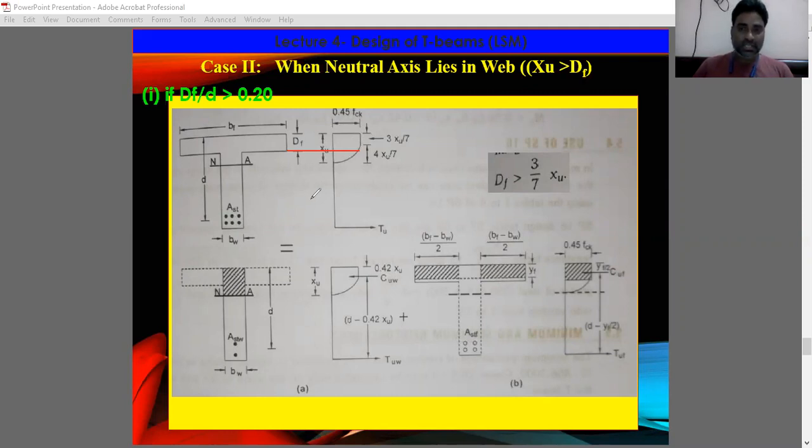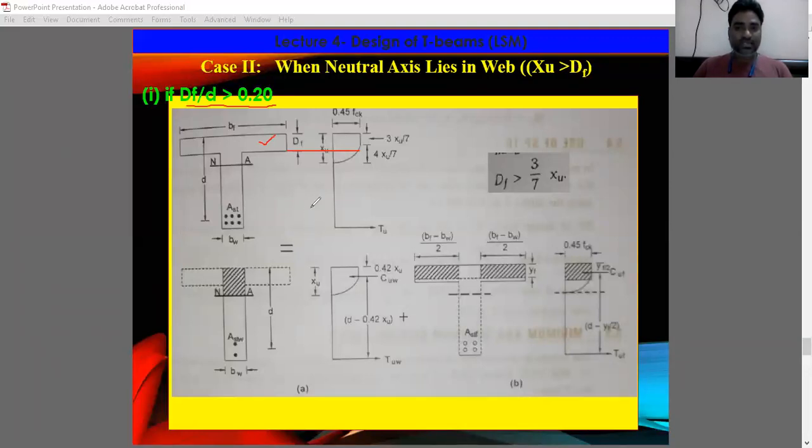So for this one, as per IS 456 2000, if the depth of neutral axis is within the web and df by d is greater than 0.2, then you need to modify the thickness of the flange of the section, right?